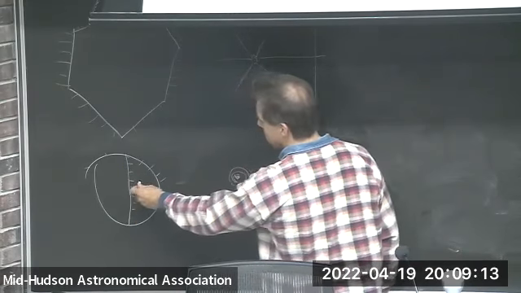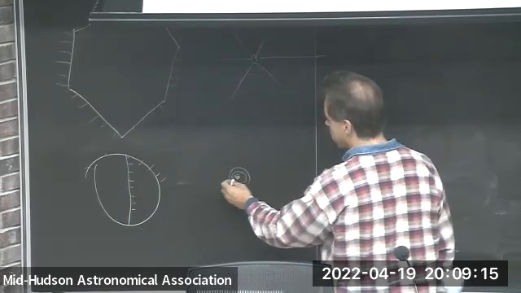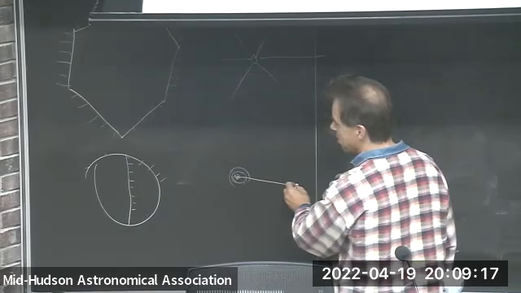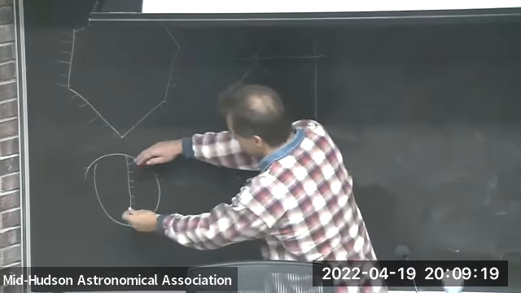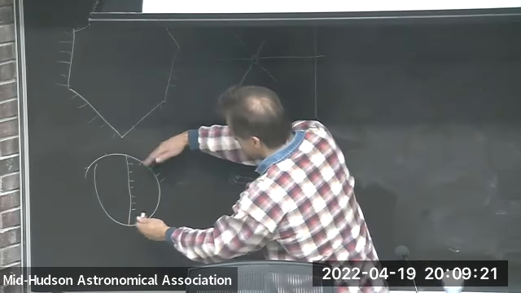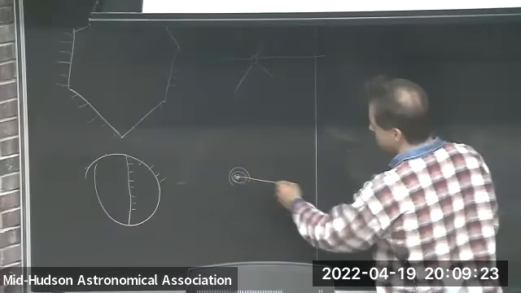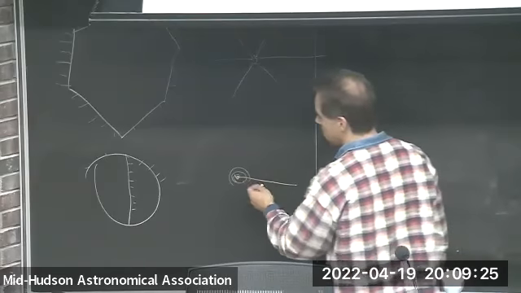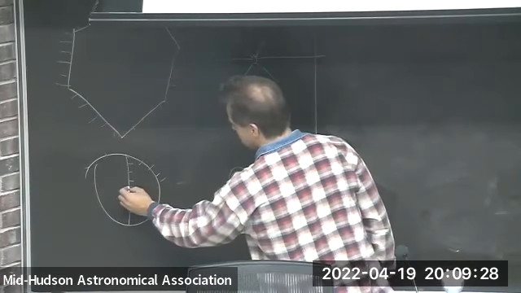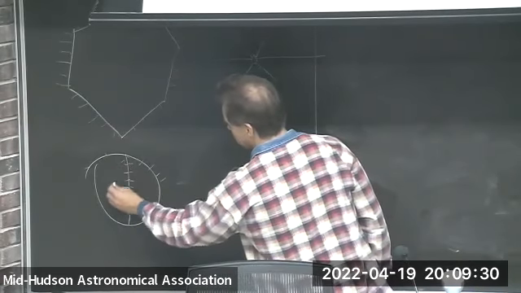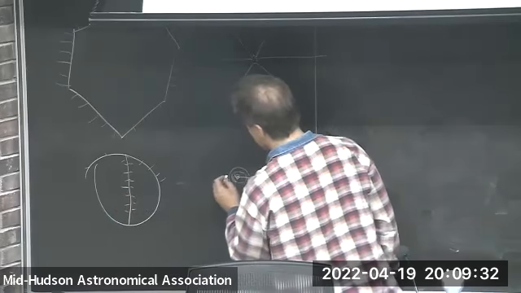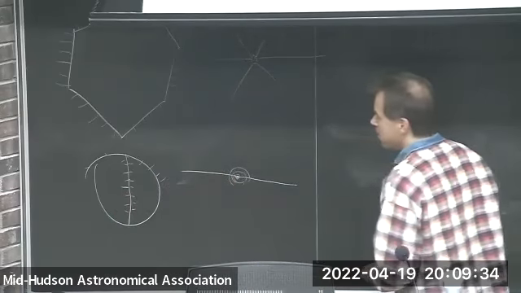When it comes to focus, it comes down to a line. The light coming off this way gets squeezed down and concentrated into a line. And of course, it has two sides, and you get a diffraction spike the other way.